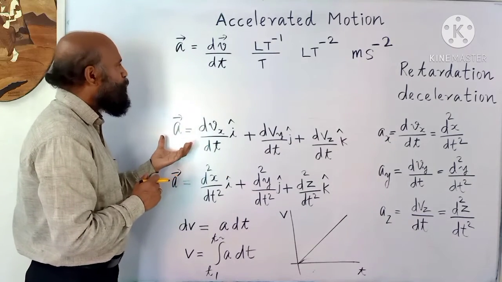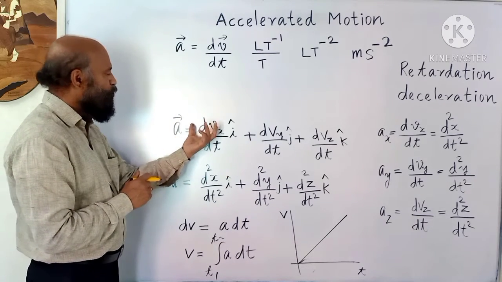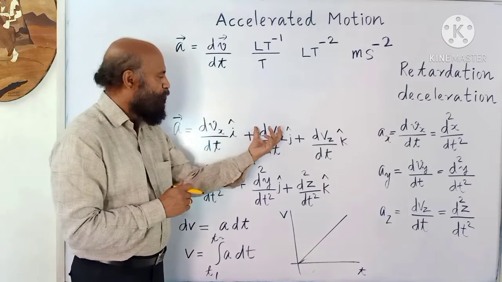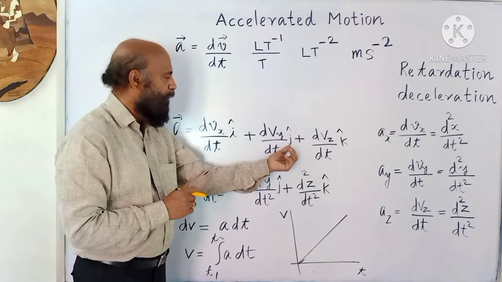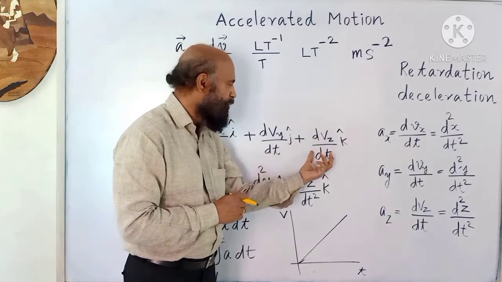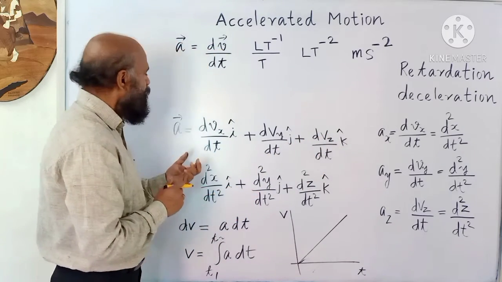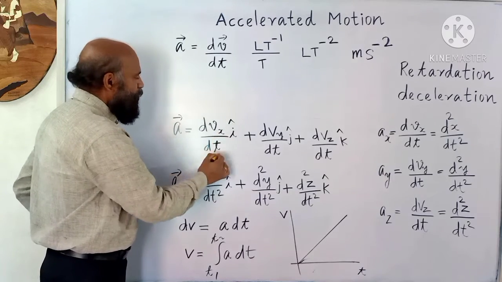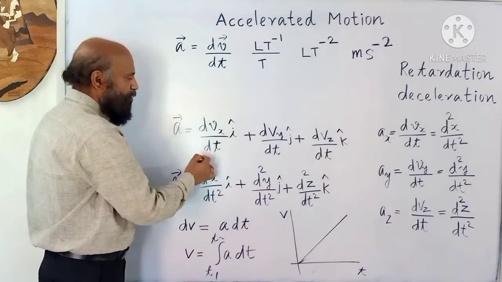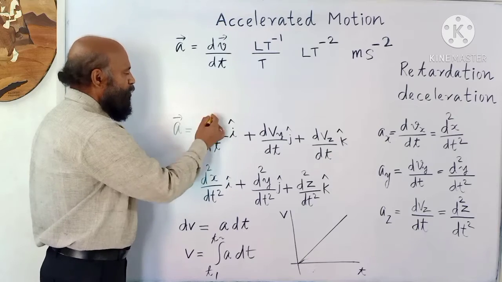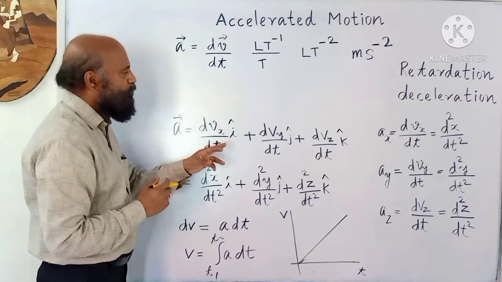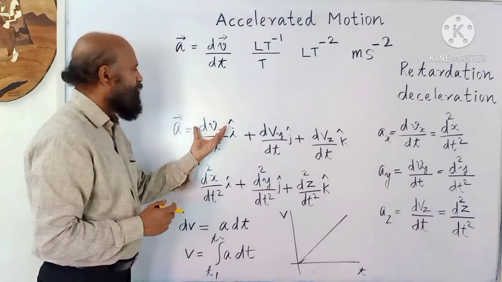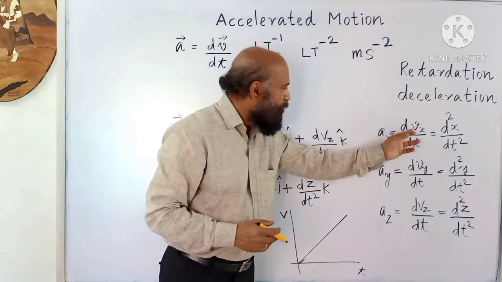In component form, you can write acceleration is equal to dvx by dt i cap plus dvy by dt j cap plus dvz by dt k cap. This is the rate of change of velocity along the x-axis. So it is acceleration along the x-axis, dvx by dt.